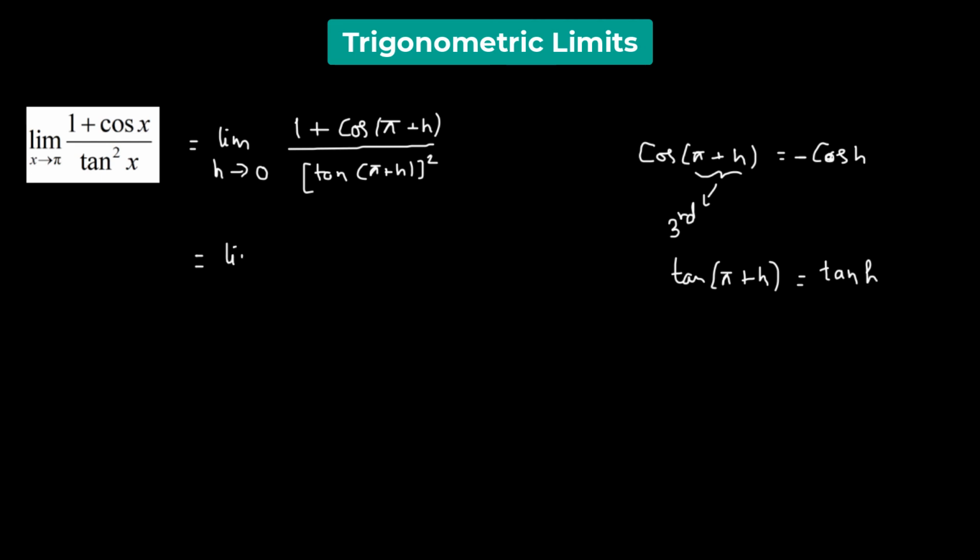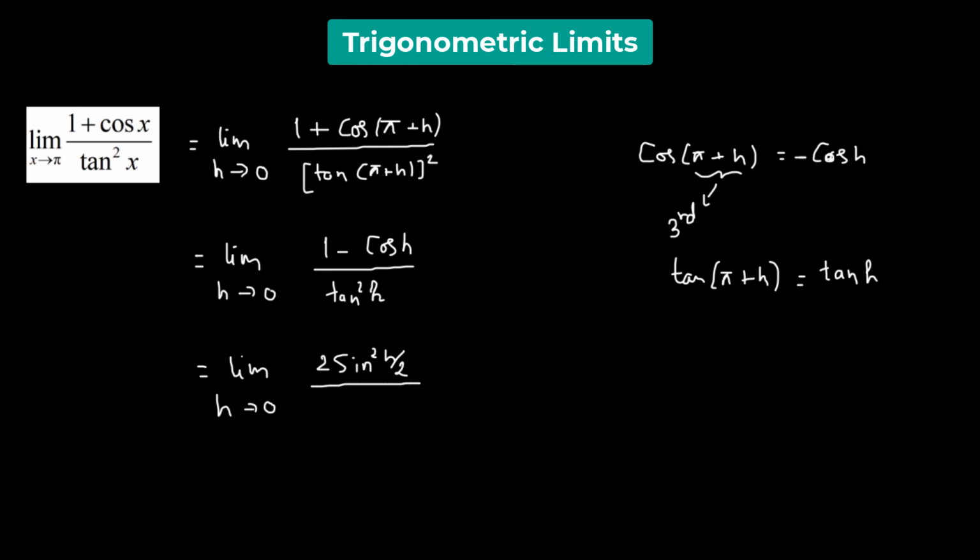So we have limit h approaching 0, we have 1 minus cosine of h divided by tangent h. So we have whole squared, so we'll have tangent squared h. So we have limit h approaching 0, so 1 minus cosine of h will become 2 times sine squared h over 2 divided by tangent squared h.